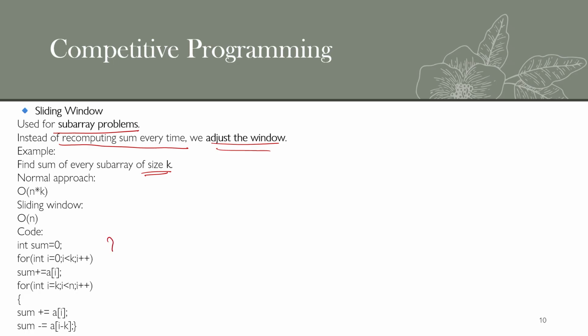Now let's suppose we calculate the sum first. Then we put the loop from k to n. Sum will be plus equal to a of i, while you'll also be subtracting the element from the end, for i equal to k to n.